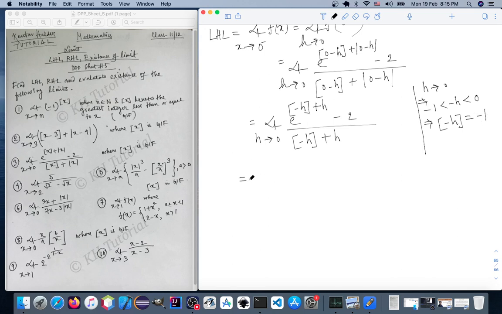So this becomes (e to the power minus 1 plus 0 minus 2) divided by (minus 1 plus 0). So this is 2 minus e to the power minus 1.